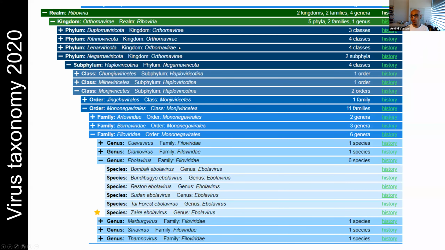So here's an example of how this would look, using Ebola virus. It's a species, Zaire Ebola virus, and here is how that's structured. It's in the realm Riboviria, in a kingdom, in a particular phylum, with a subphylum, particular class and order, and then it fits into a family called the Filoviridae, and then in the genus Ebola virus.